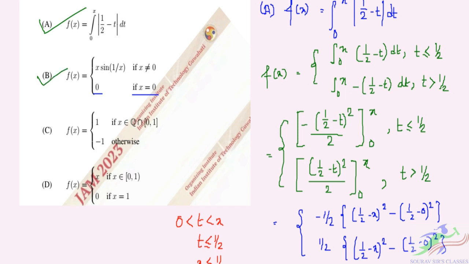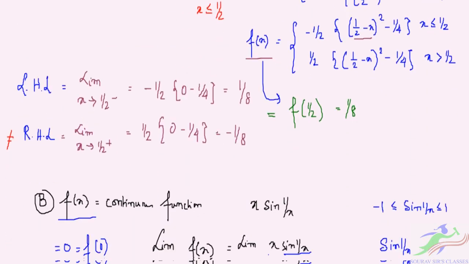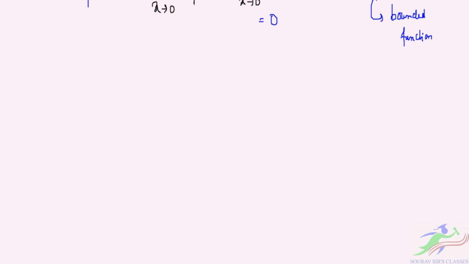Now see, option C is given that f(x) is equal to 1 or -1. It is 1 when x belongs to the set of rational numbers in the intersection of 0 to 1, and otherwise it is -1. So let us see it pictorially for option C. We have this f(x) function.